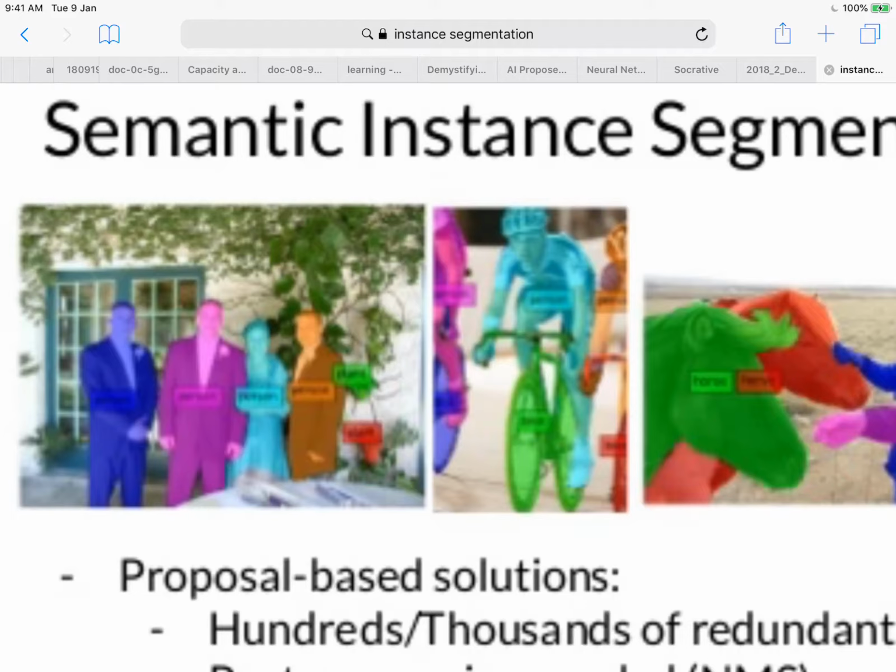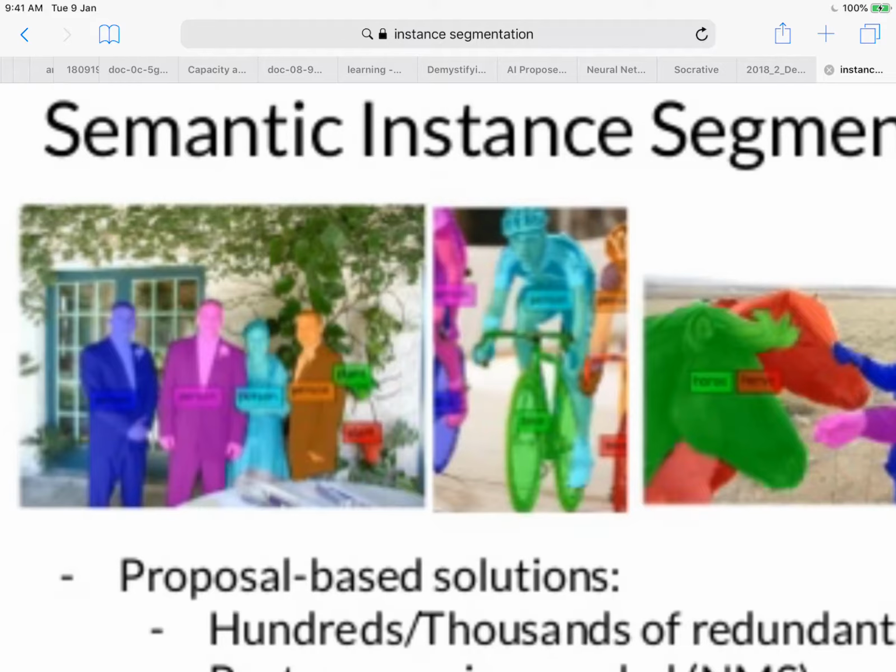Deciding the location of these persons can also be done in great detail at the pixel level. In this case, for the first person, all these pixels are colored blue. Those pixels correspond to this first person, and those pixels correspond to the second person, right?